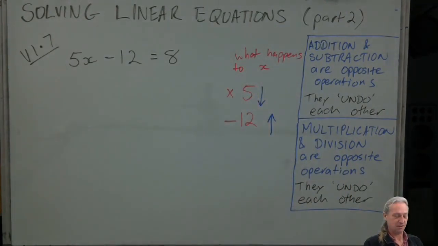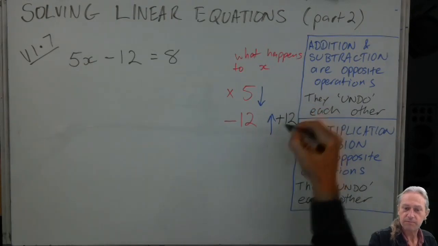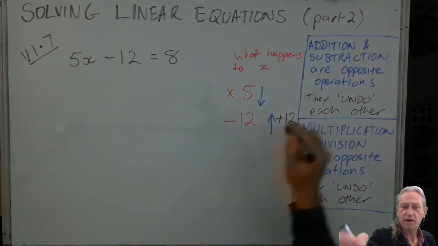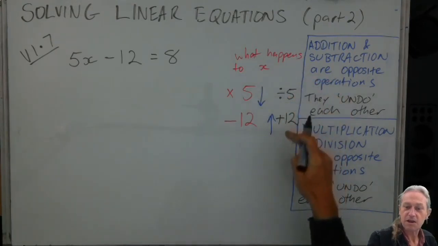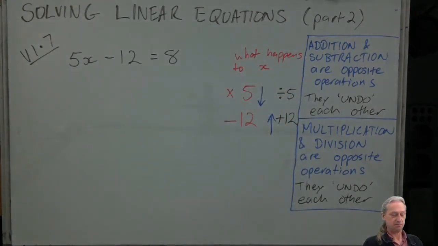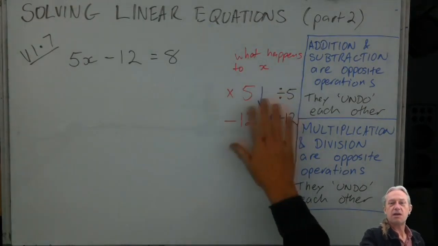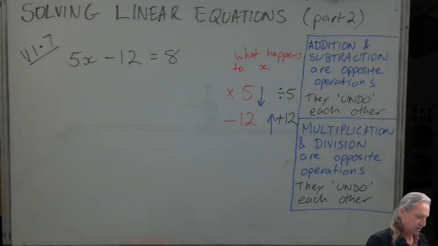So really we're going to add 12 to undo this, and then divide by 5. This is going in reverse order of what's happening to the x. This is just a way to think about how to approach this sort of problem.